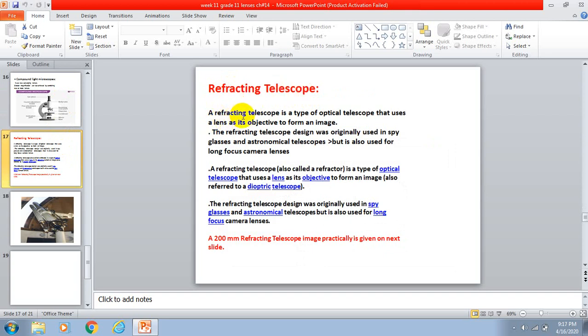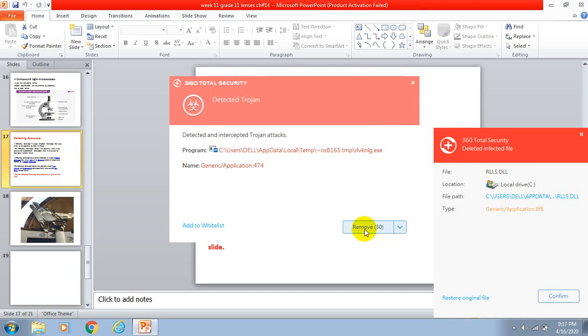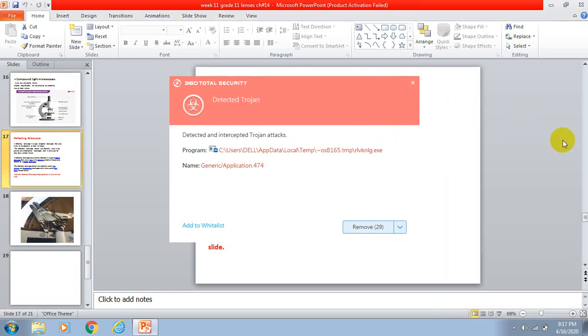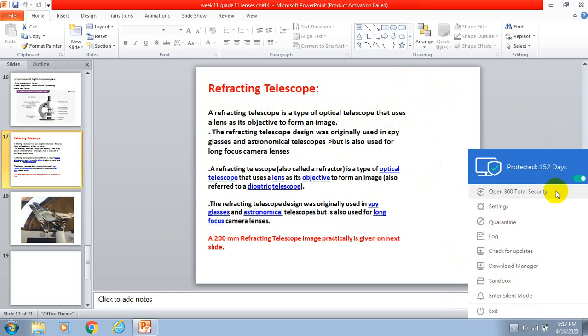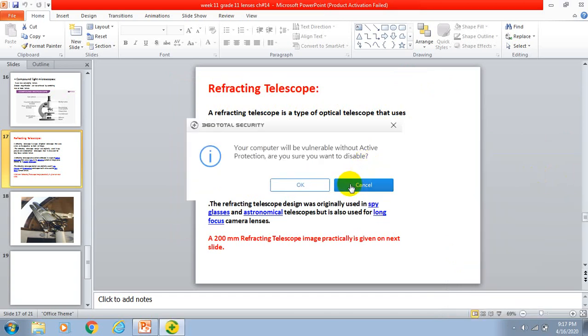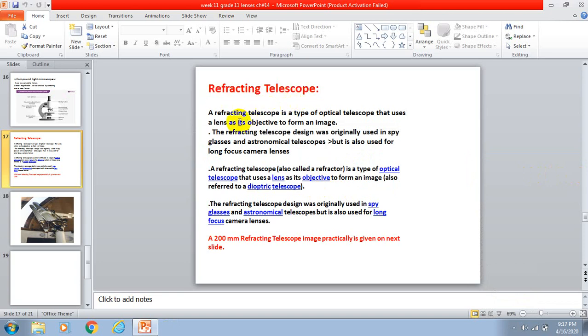A refracting telescope is a type of optical telescope that uses a lens as its objective to form an image.